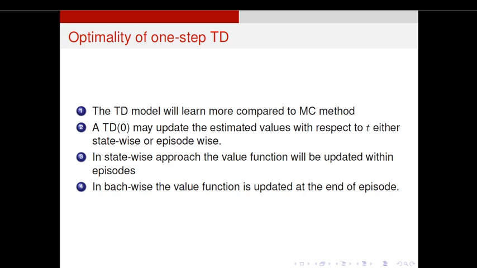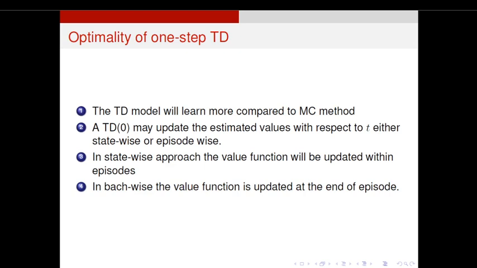But remember, in the Monte Carlo method, to get the return GT, the agent should try a traversal from the state ST till the end state. Then only it can calculate the return. That means the agent will have to wait until it gets an experience of a full traversal.